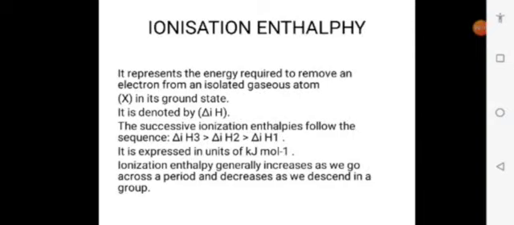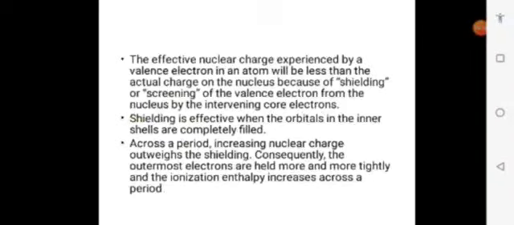So we remember that the third ionization enthalpy has a much greater value of energy than the second, and the second has a greater value than the first ionization enthalpy, because the effective nuclear charge increased.